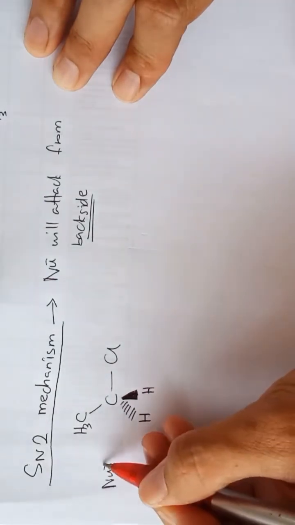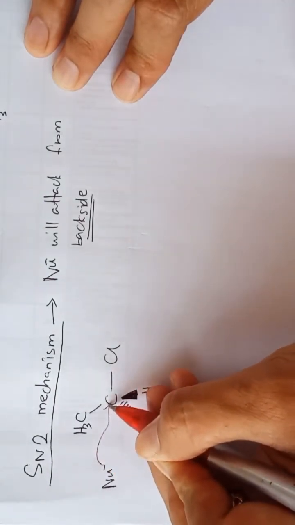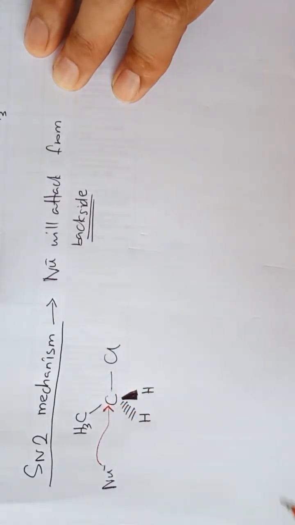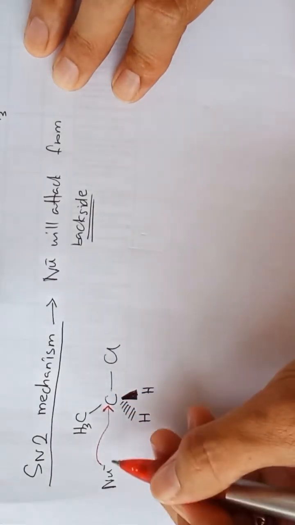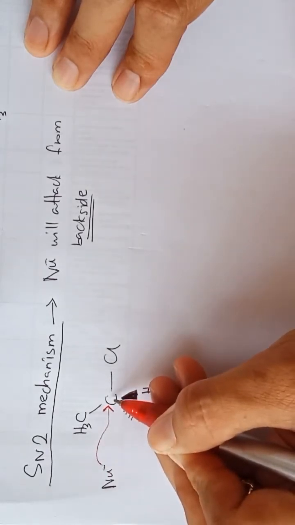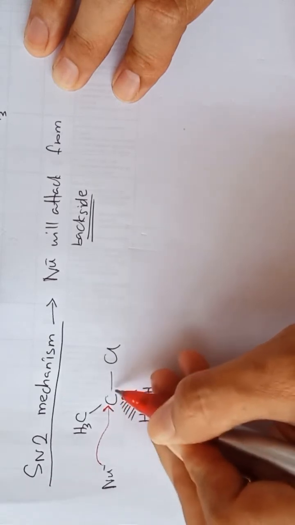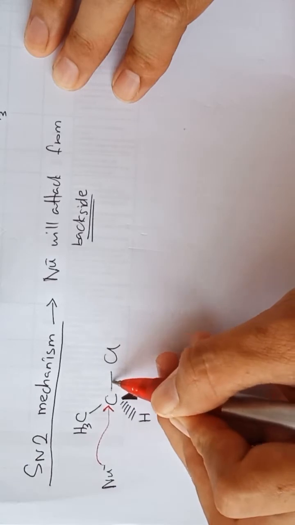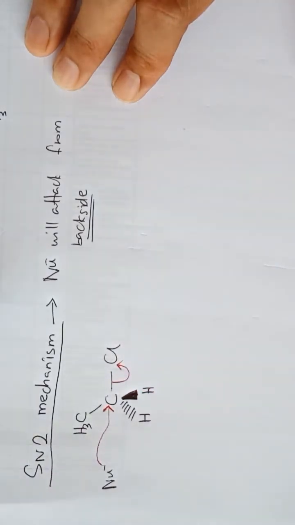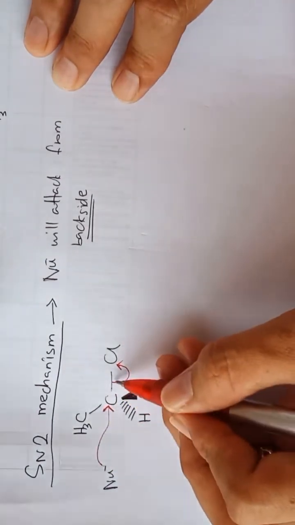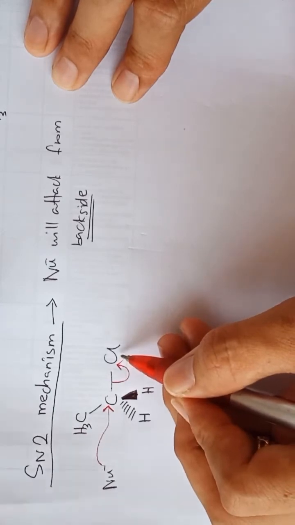It will attack from the back side of the haloalkane, of the carbon chlorine bond. When the nucleophile tries to make a new bond to this carbon from the back side, the carbon chlorine bond breaks at the same time, simultaneously.